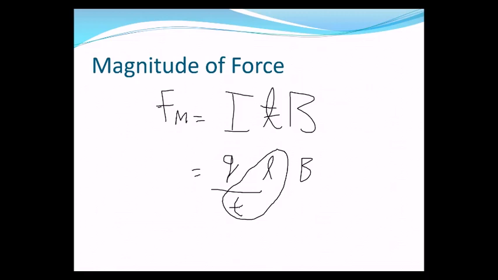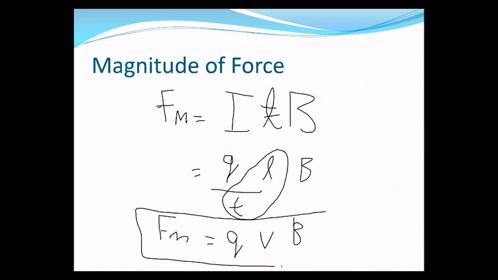So if we have distance over time, we can say that's v, right? And keep Q and B the same, and voila, we have a brand new formula, and this is on your formula sheet. It's just below the one we learned yesterday. It's Fm equals QvB, where Q is the charge of the particle moving through there, v is the speed of the charge, and B is our magnetic field.